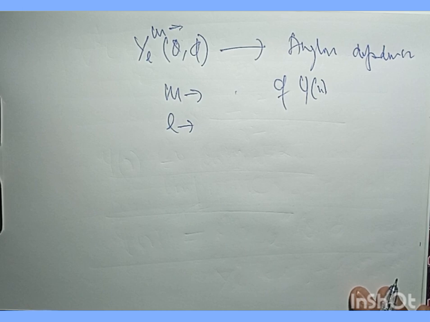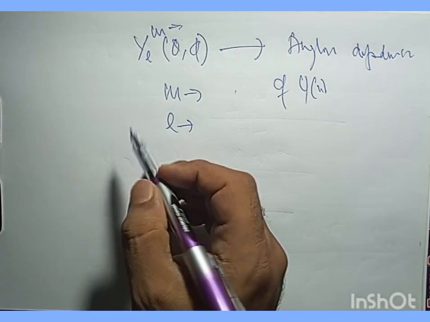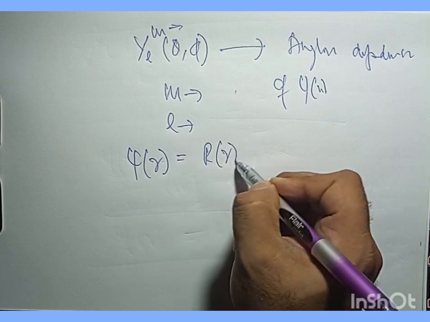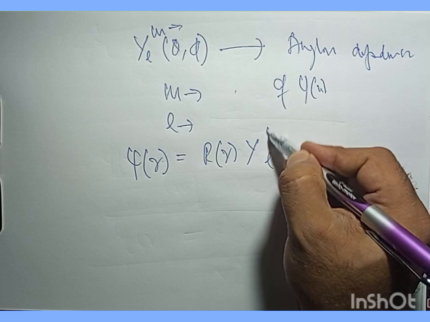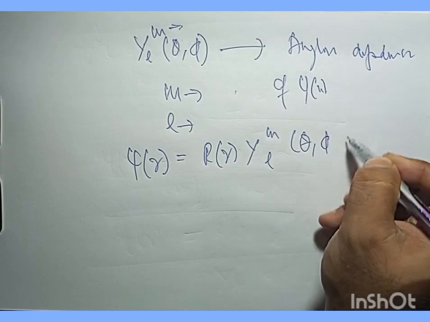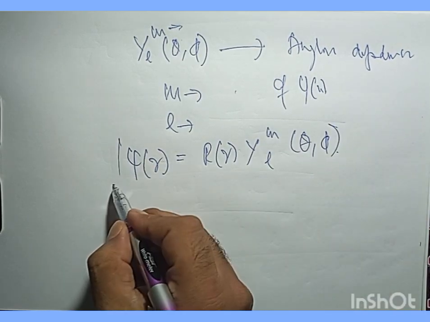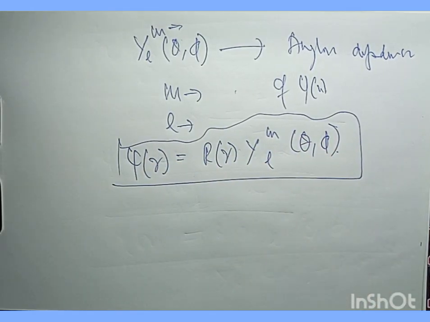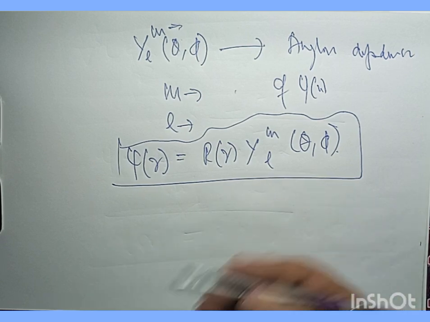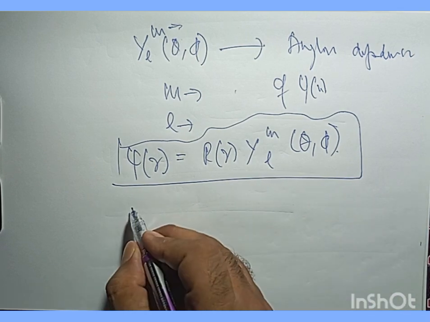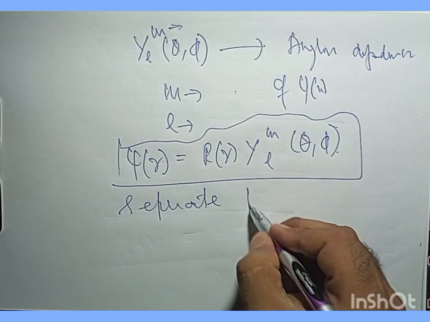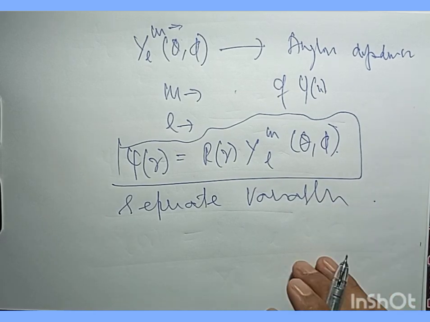Now if we go with the radial part, suppose we have psi of r as a function of r and the spherical harmonics in theta and phi. We substitute this into our Schrodinger equation and use the separation of variables technique.